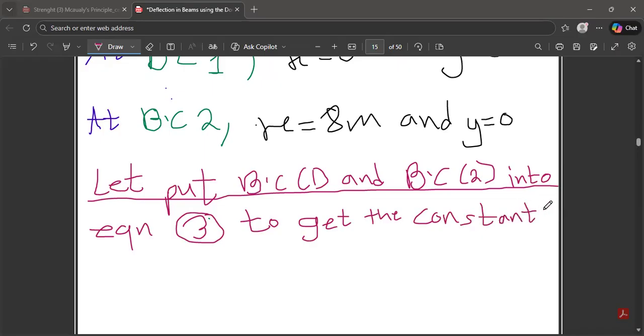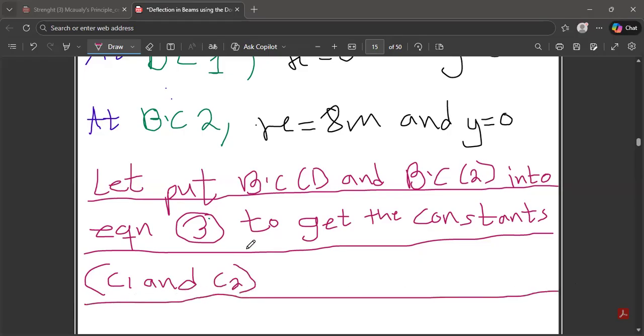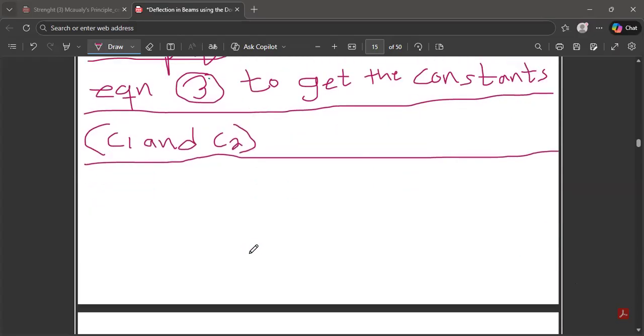And what are the constants? The constants are C1 and C2. So to get the constants C1 and C2, let's quickly do that and see what we are going to get.